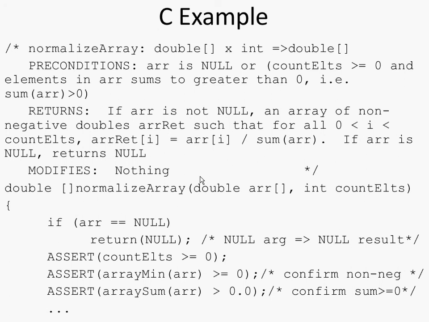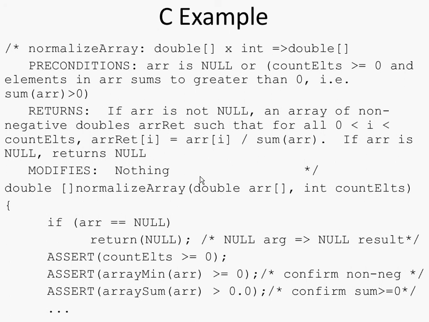So, preconditions. The precondition is that the array is either null or it has elements such that they sum up to something greater than 0. In other words, the sum of them is greater than 0. And what does it return? If those preconditions are met, if array is null, it returns null.